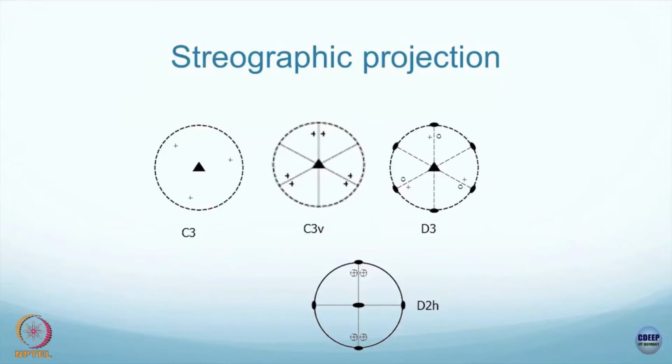Okay. So, if you take the ammonia molecule, D3 will involve E, C3, C3 squared, okay, and then you will have a U2, you will have a C3 U2 and C3 squared U2. Okay.